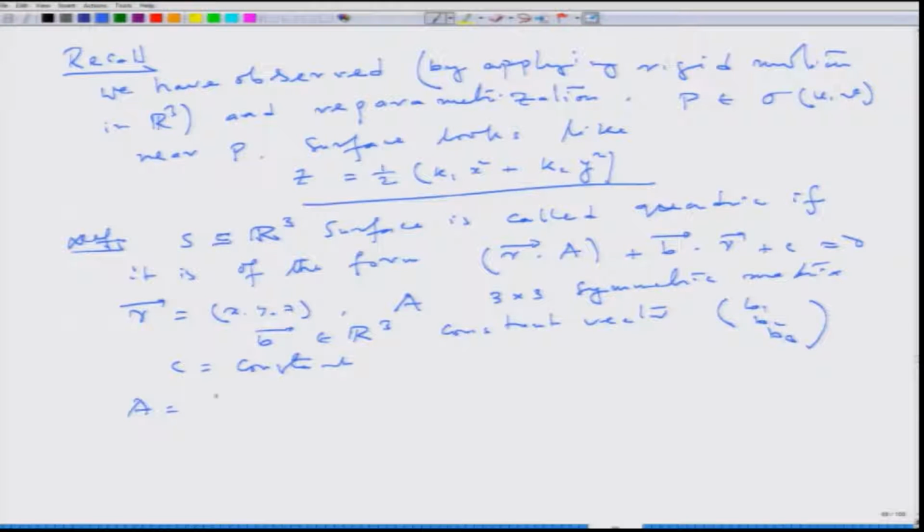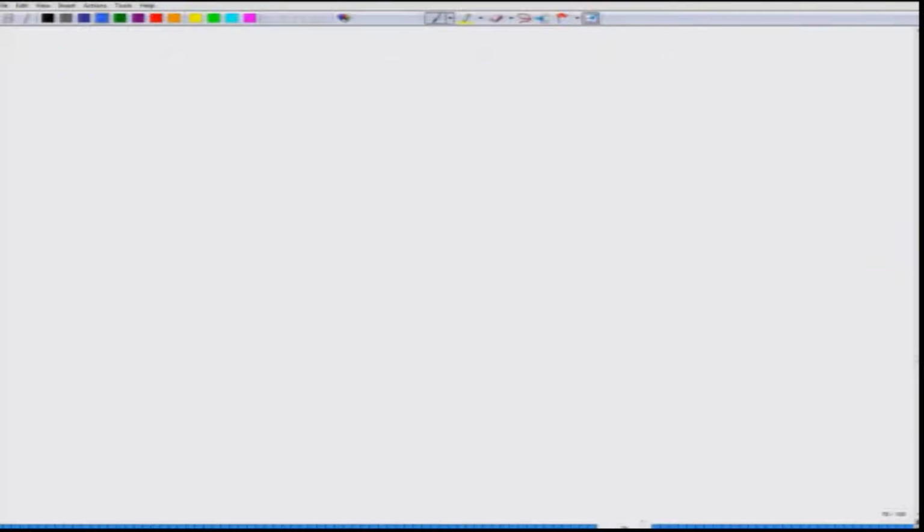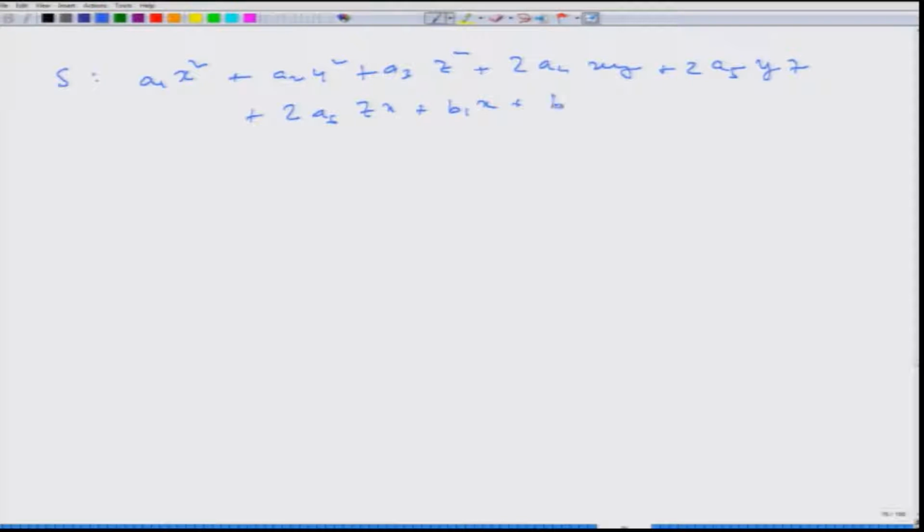So, if you write A this way, A1, A2, A3, then A4 here, A4 here, A5 here, A5 here, A6 here, A6 here, then S becomes A1x² + A2y² + A3z² + 2A4xy + 2A5yz + 2A6zx + B1x + B2y + B3z + C = 0.